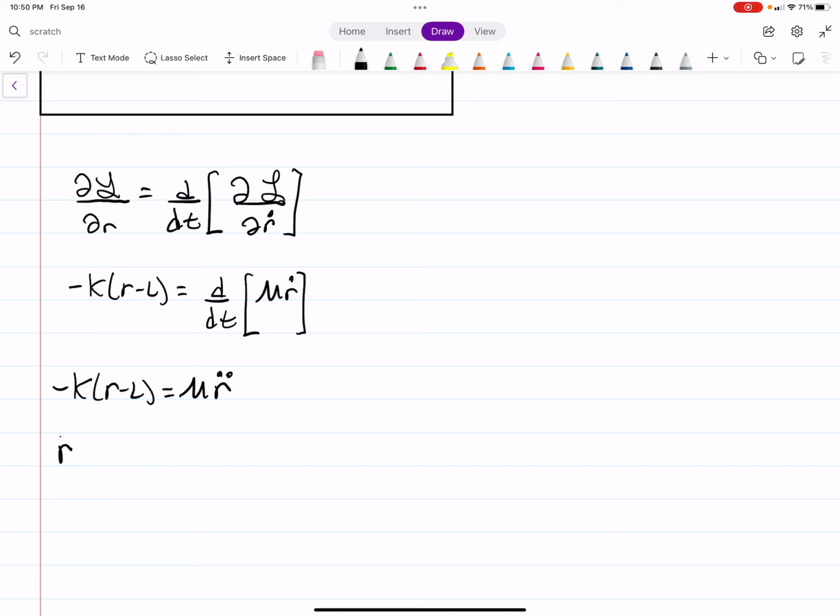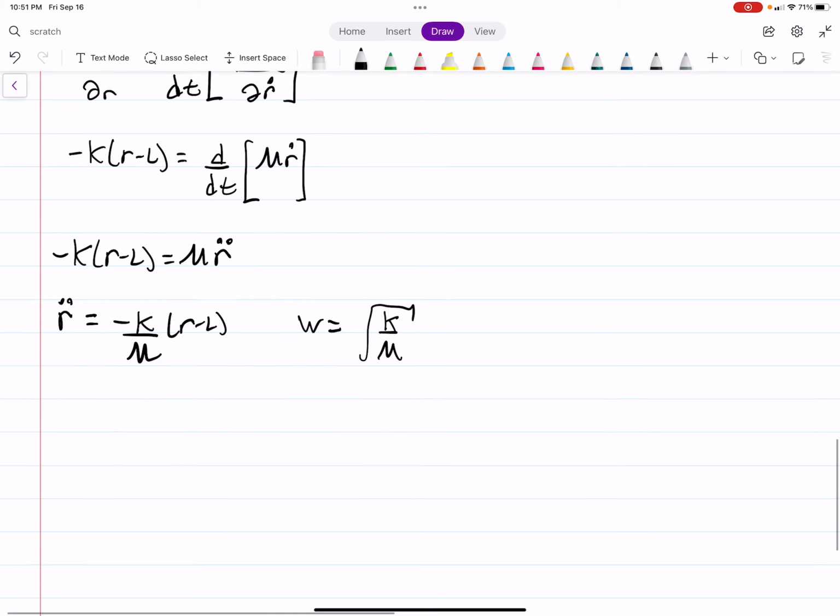First thing I'm going to do is divide over by mu, and then I'm going to define omega as the square root of k over mu, which is pretty normal whenever we have a spring. Usually it's k over m, but our mass is the reduced mass in this case.